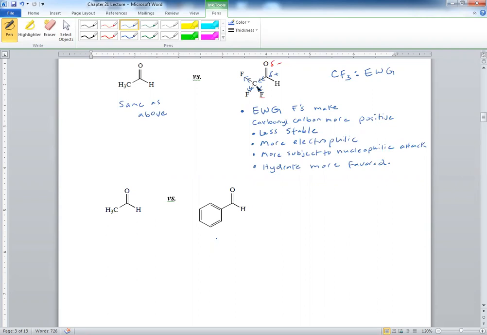And we have a benzene ring attached to this. So we have a delta positive and we have a delta negative. So ask yourself, what could this benzene ring do? Would it withdraw electrons away from the carbonyl carbon, or would it donate them somehow?